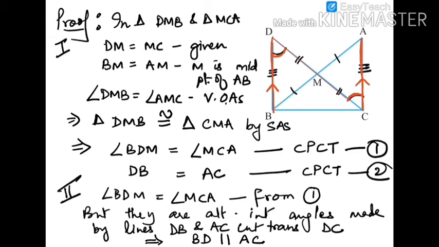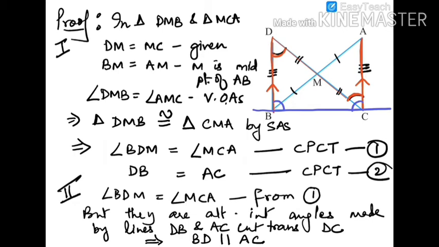Now if we take BC as the transversal, then angle DBC and angle ACB will sum up to 180 degrees. Why? Because they form co-interior angles.